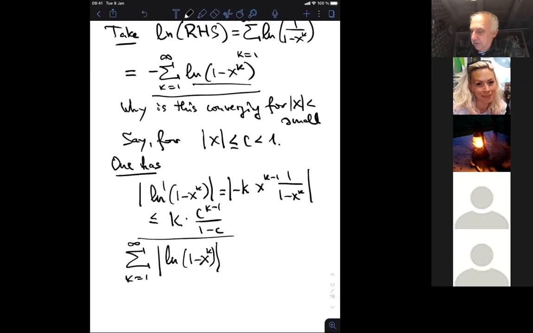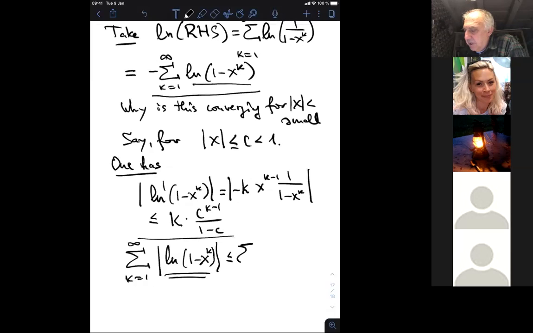And now we'll be using the mean value theorem. So since log at 1 vanishes, this thing is at most the maximal value of its derivative times the absolute value of x. Okay? And we'll be adding up those estimates.